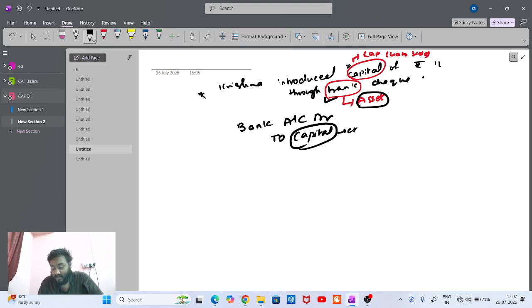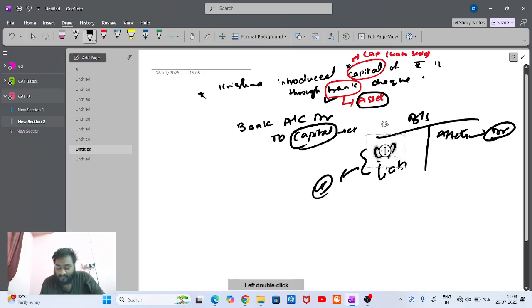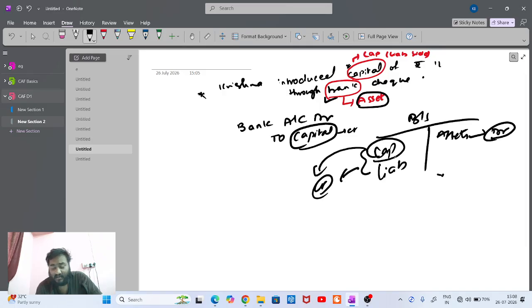If you remember, in balance sheet, capital, liabilities, assets. We talked about this just now. Asset is debit balance. If it is debit balance, these are credit balances. So capital is credit balance.